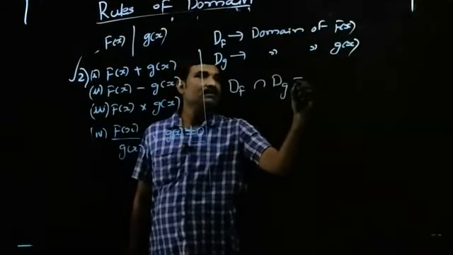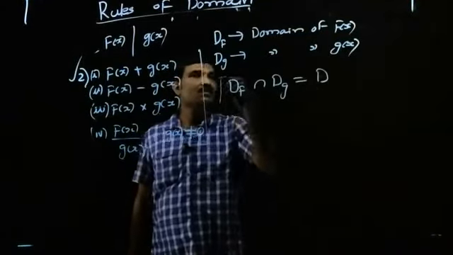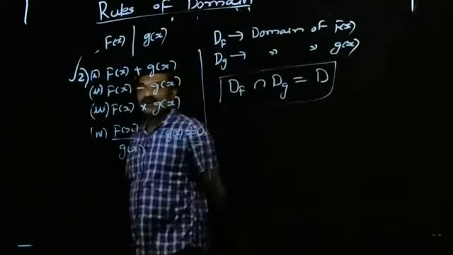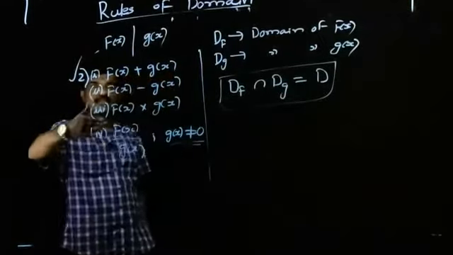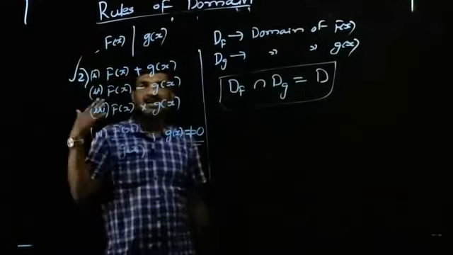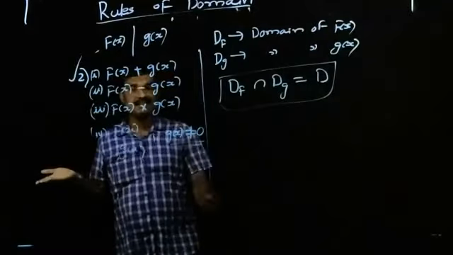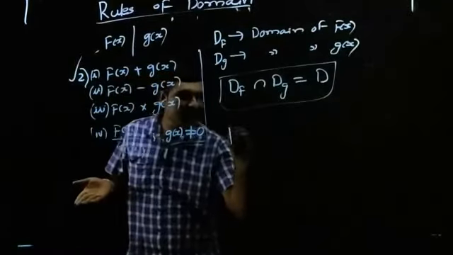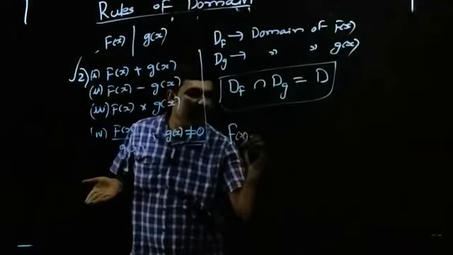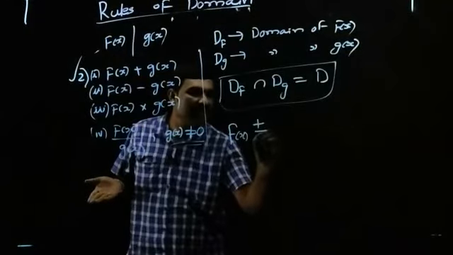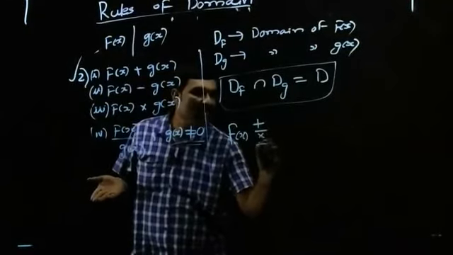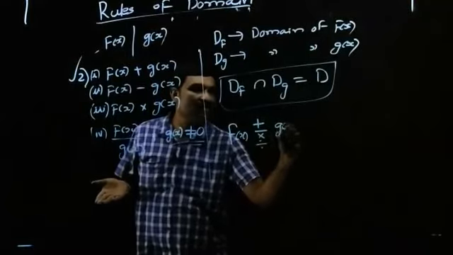This will give the domain. So in the second rule, if the function is in this combination, either plus, minus, multiplication, or division, that is, in general, f of x with g of x.